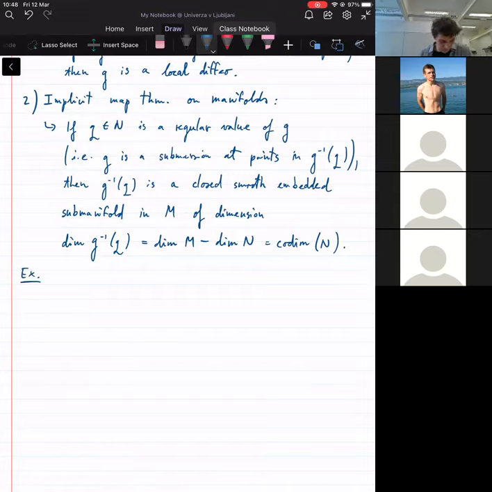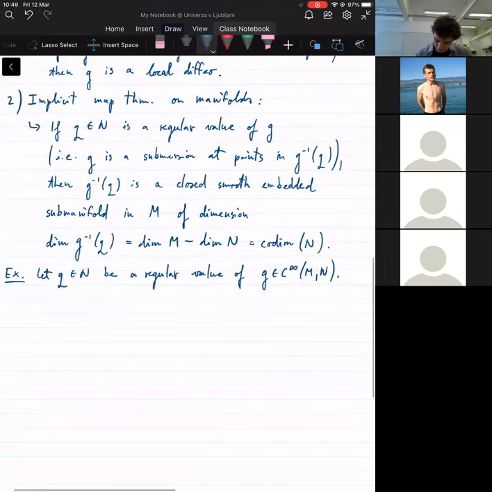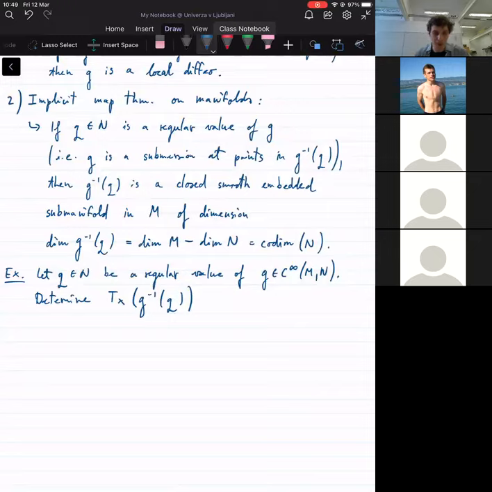First exercise: let q in N be a regular value of a smooth map g that goes from M into N. Determine the tangent space T_x of the manifold g inverse of q, so the tangent space of the submanifold that we get from the implicit map theorem.